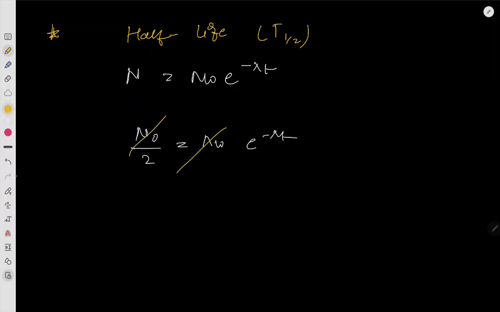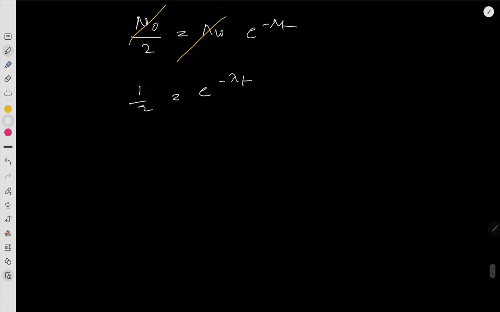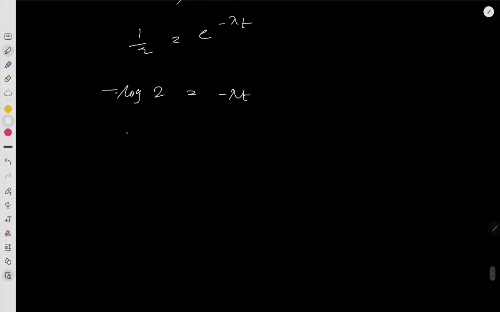So N naught cancels out, and then 1 by 2 equals e to the power minus lambda t. Then taking log on both sides, there's log of 2 equals minus lambda t into log e, which is 1. So minus minus cancel, log 2 equals lambda t, and t equals log 2 by lambda.